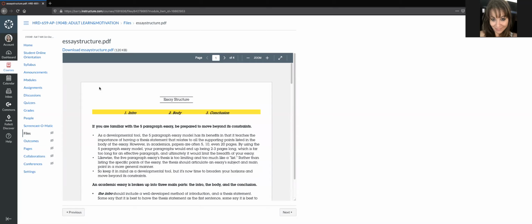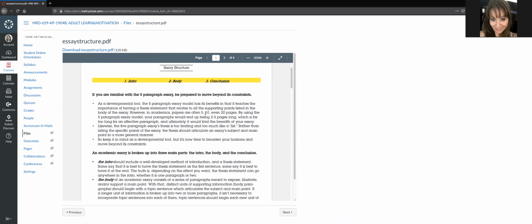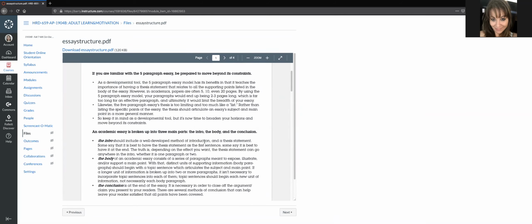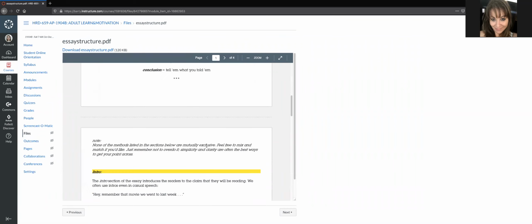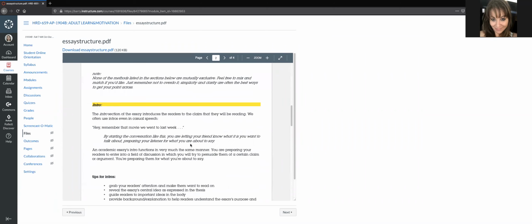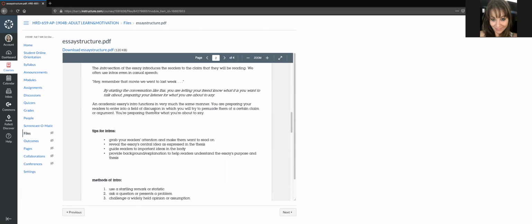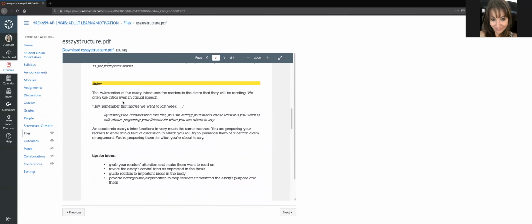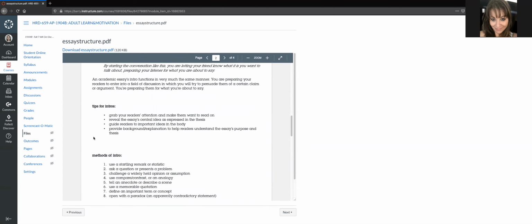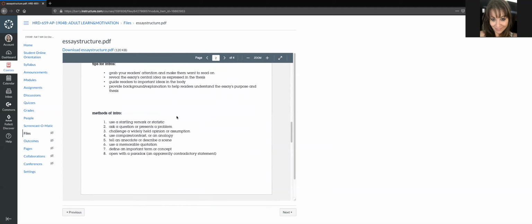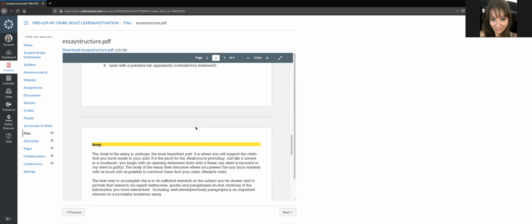I just wanted to share visually with you some of the resources I added on here. So just the basic essay structure to refresh your memory. Of course, this might be very elementary for some of you, but maybe read through it. This particular handout is pretty cool because it not only tells you the obvious purpose of each section, but also gives you tips to start your paper, and methods you can use if you have a hard time getting started.